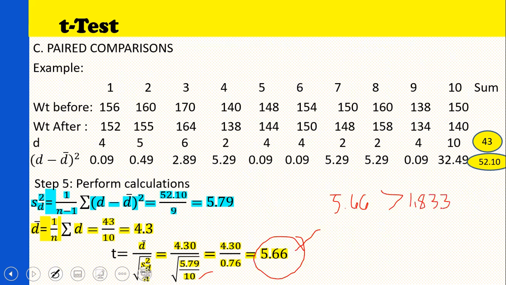Are we going to accept or are we going to reject? Let's look at the graph. Based on the graph, our critical value is 1.83 here, and the rejection region lies on this area. The computed t value is 5.66, meaning we are already in the rejection area.